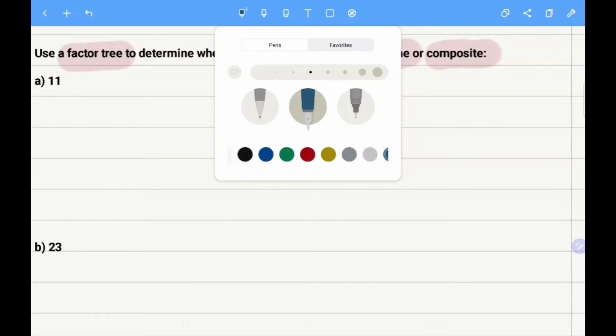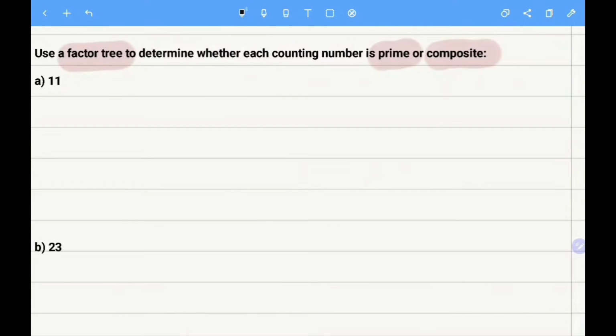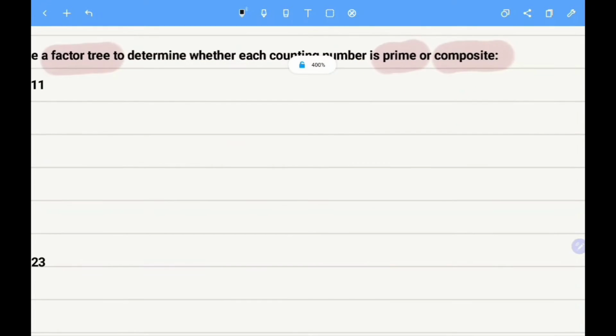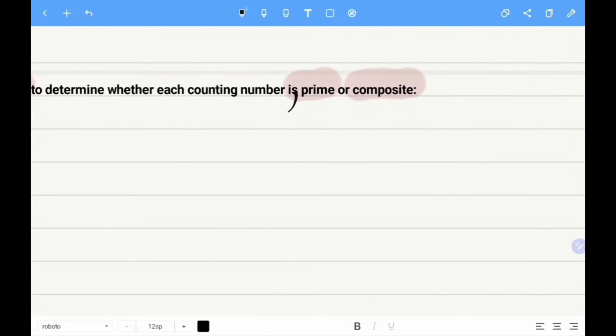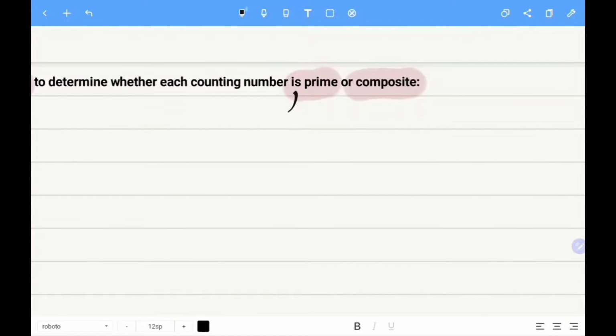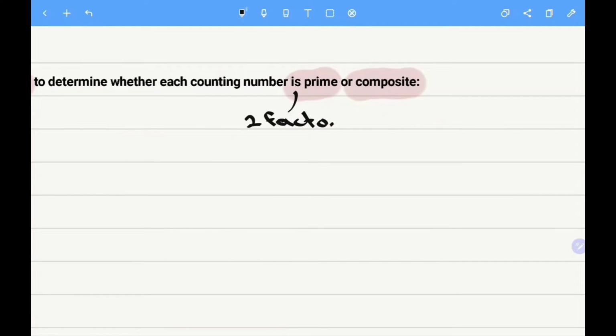So why don't we start off with identifying what each of these things are. Now, a prime number is a number that only has 2 factors, and they are 1 and itself.